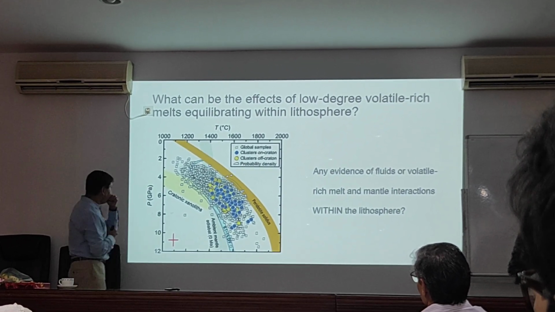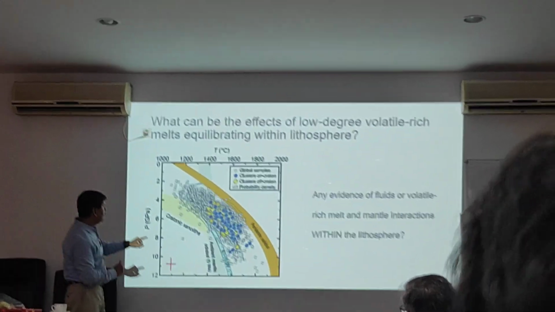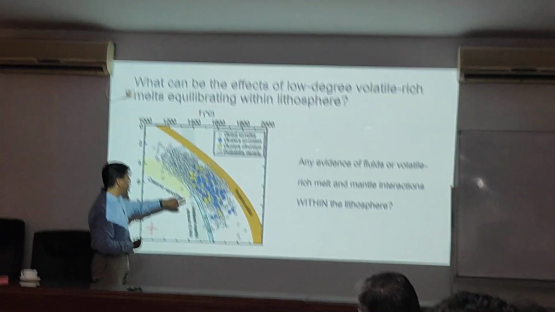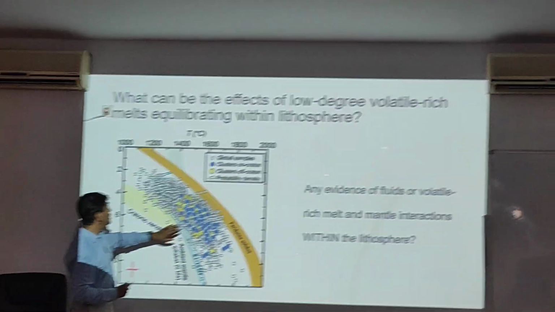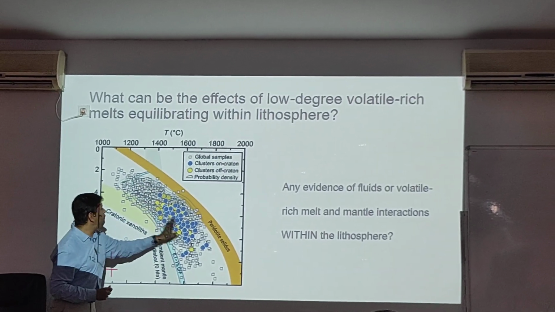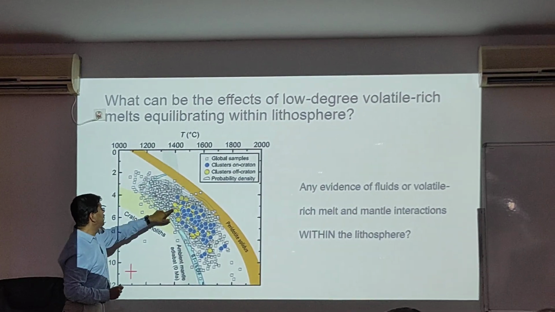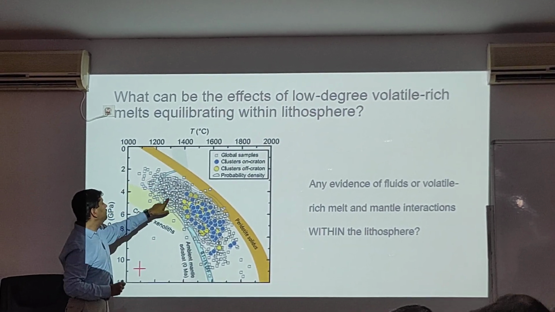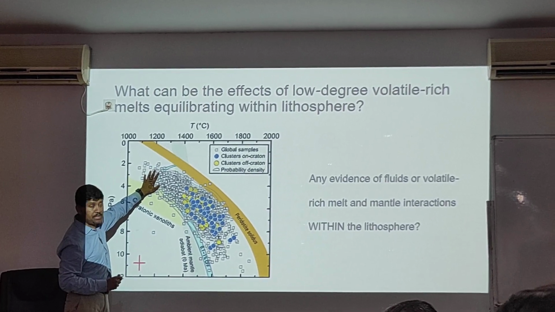Okay. So one more thing I just wanted to quickly point out. That was all good, but now if I bring it back to this plot, you may recall that although most of the average compositions plotted at ambient mantle temperatures and above, there are some individual samples that also give relatively shallow equilibration pressures and temperature.